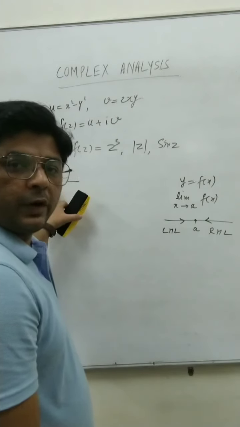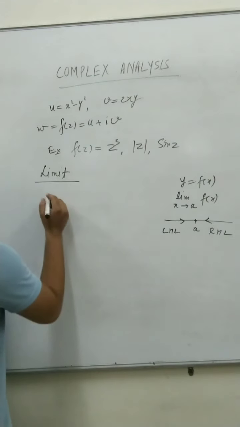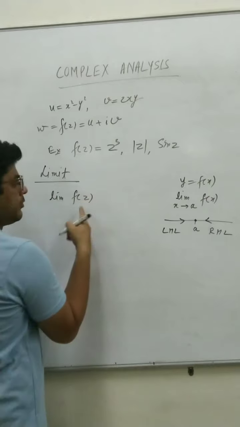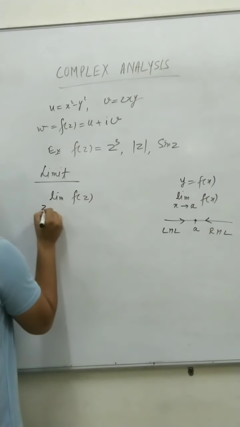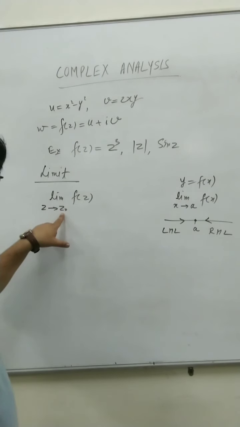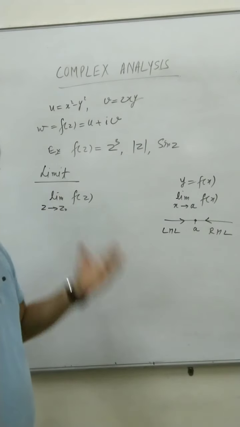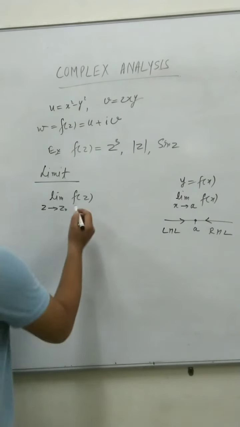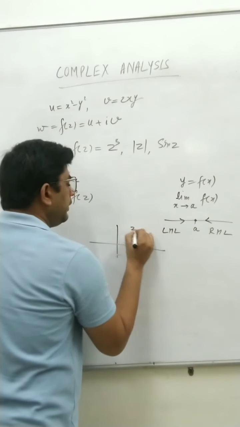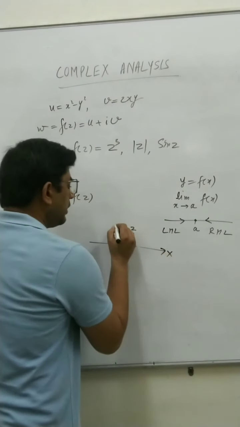Now we have to define the limit in the case of a complex function. Suppose we have to find the limit of f(z), where z tends to z naught, and z naught is any fixed complex number. We want to find when this limit exists. Here the complex number is denoted in the xy plane, or the Argand plane.